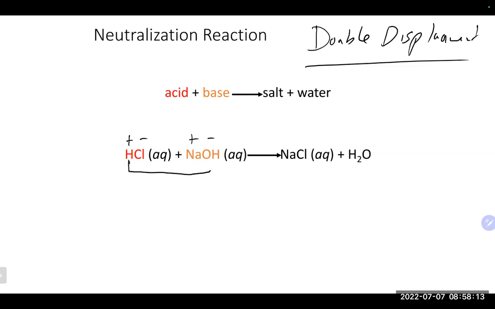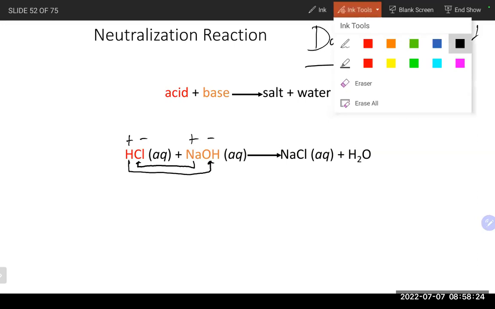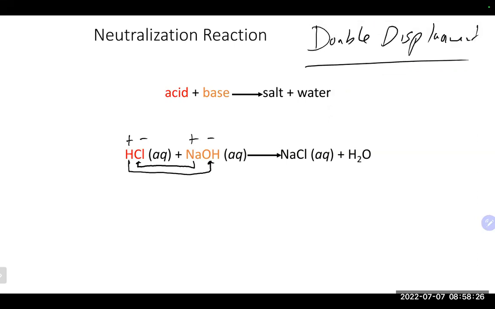Our H plus and our OH minus are going to come together, and our sodium and our chloride will come together. Once again, in this strong acid, strong base situation, it is always the H plus from the acid and the OH minus from the base that produce the water in this reaction.